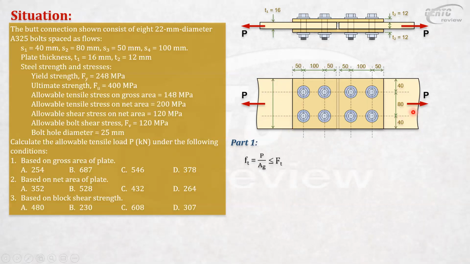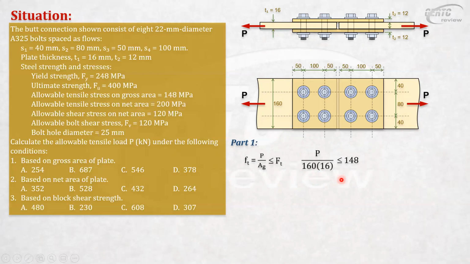The gross width of the plate is 80 plus 80, so that's 160 mm, and the plate thickness is 16 mm. So we go directly to the main plate. For the side plates, it will be 12 times 2, that's 24, so obviously it will not govern. So P is unknown, the gross area is 160 by 16, and the stress must not exceed 148 MPa.